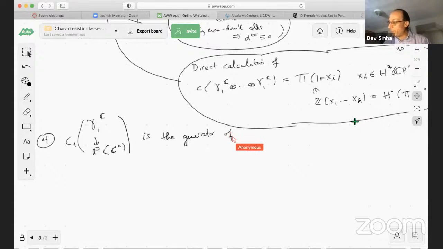This is the generator of H upper 2. So this direct calculation also gives us that.